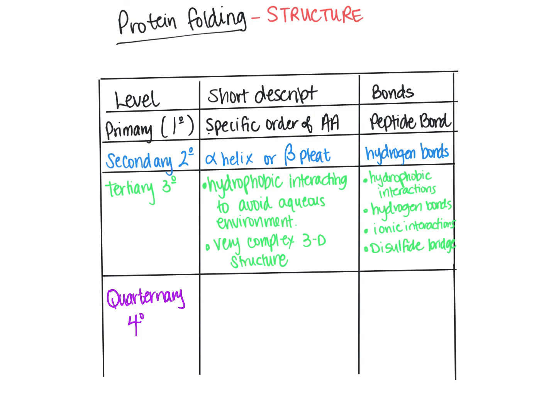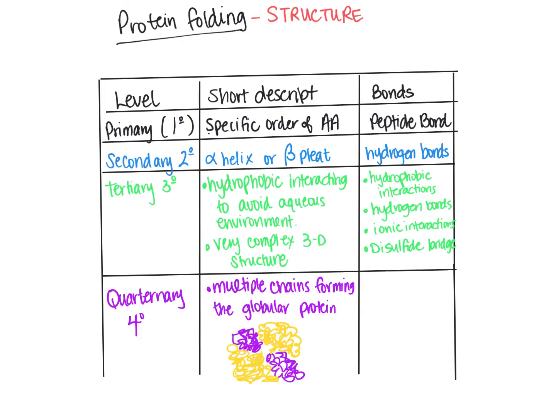So you have multiple chains of peptides, what we call peptide strings, coming together to form a globular or even more complex protein structure. So a very common example would be hemoglobin. Hemoglobin is made of 4 peptide chains that come together to form that one protein, like this.